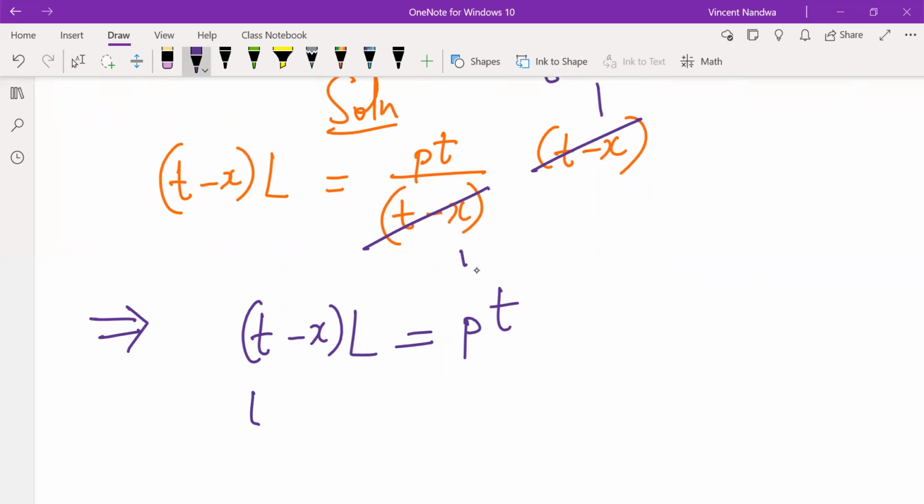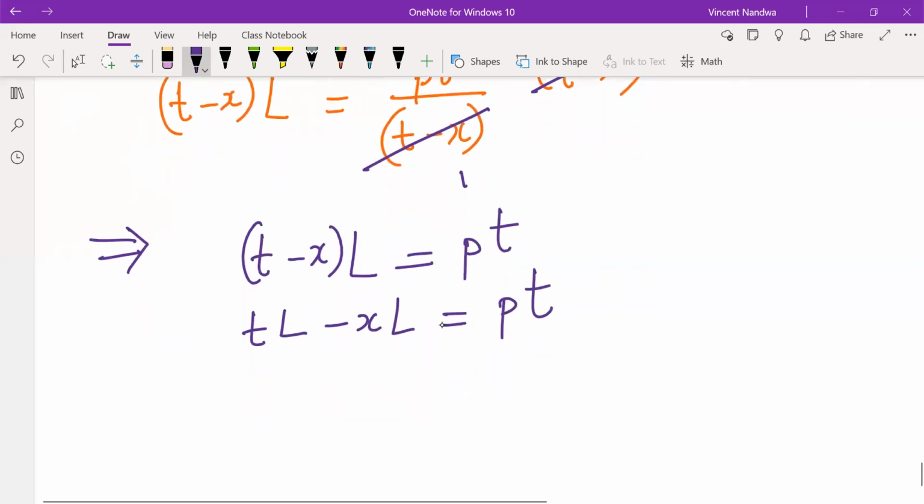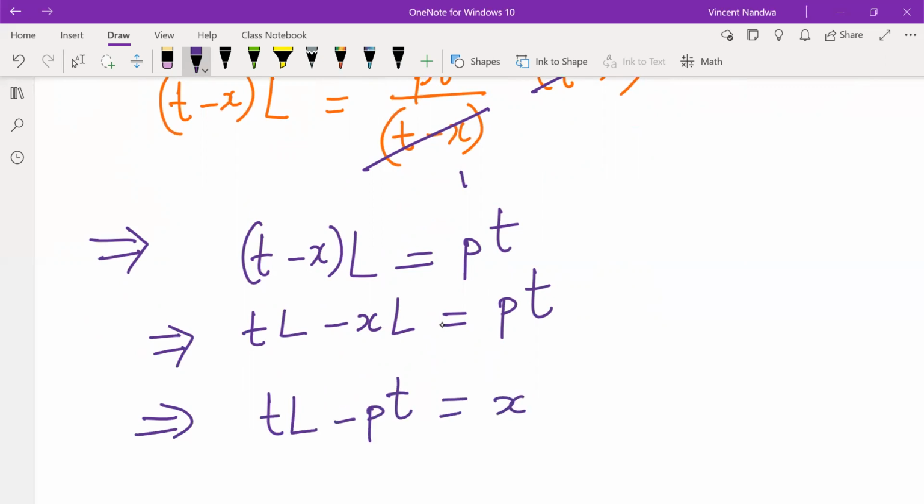So I'll have tL minus xL equals to pt. I remember our interest is to find t as the subject. So collect terms in t. So take pt to the left. So which implies tL minus pt equals to xL, because now this will be positive as a positive sign.